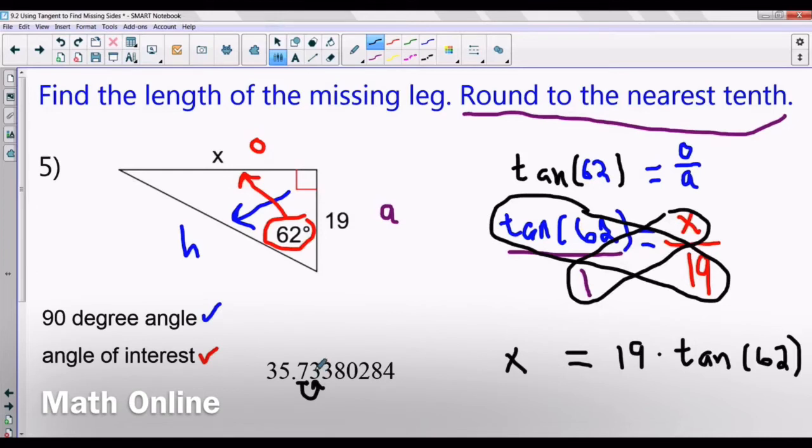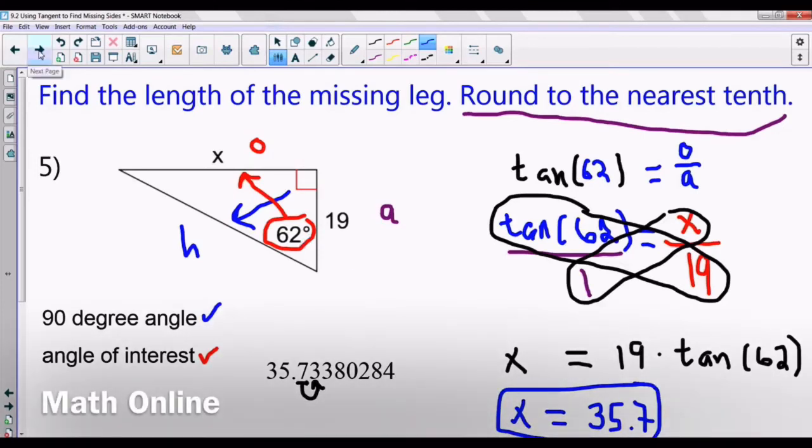Is this 5 or bigger? No, it's not. So the 7 will remain the same. Our final answer is x is equal to 35.7. So the measurement of the missing leg is 35.7 units.